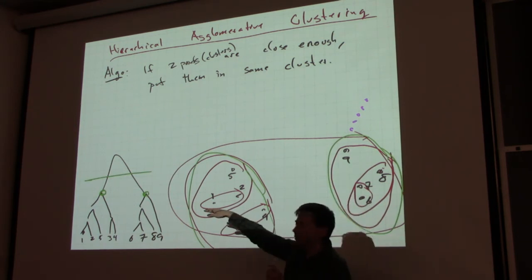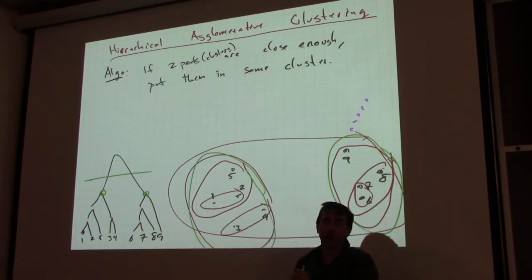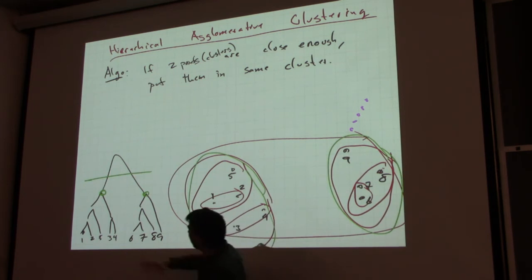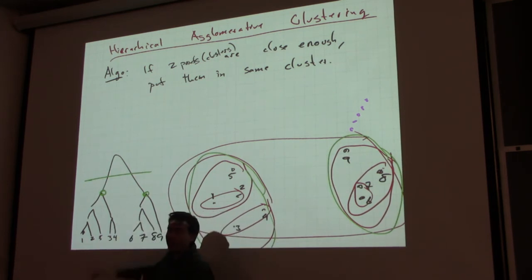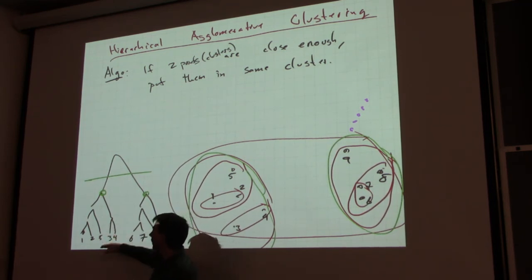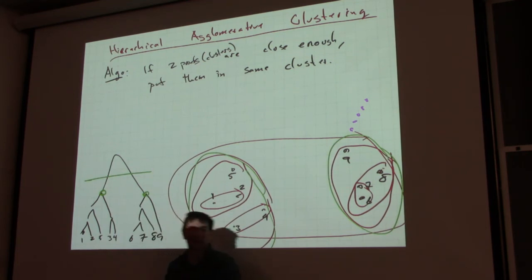But is this the best clustering for that? How well does this work? Also, I have more information: I have this whole hierarchy. The other algorithms we talk about won't necessarily have the whole hierarchy to go along with it. How good is this hierarchy? Did I do well at the beginning as well?